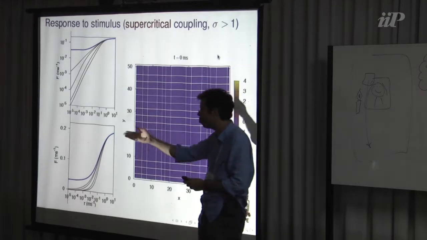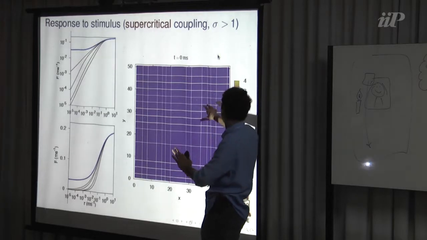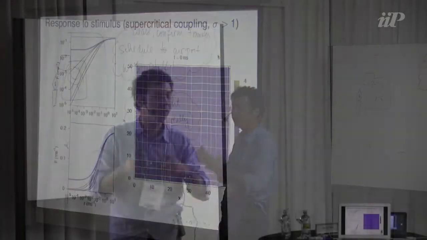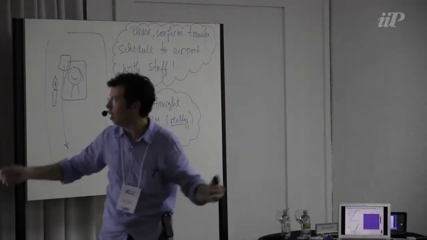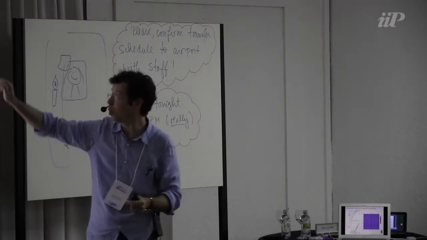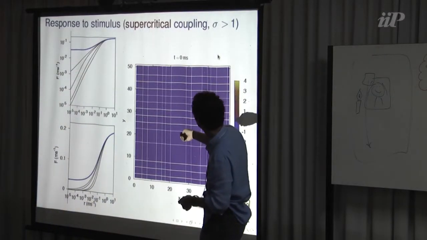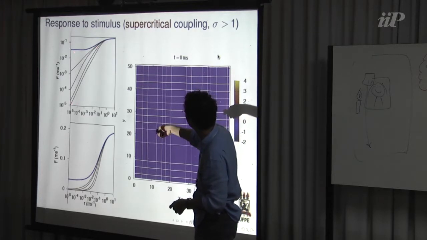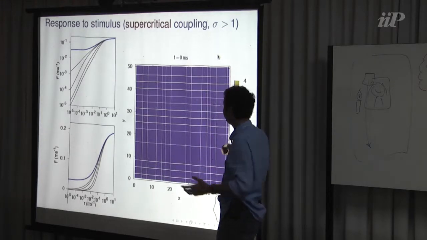For instance, in 2D this model can give you spiral waves, and if you increase the coupling a little bit more, it can give you oscillatory collective behavior. But the point is that now, for any very weak stimulus that I put here, this thing goes berserk. Self-sustained activity is stable.